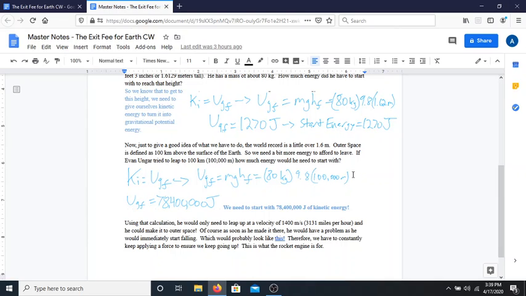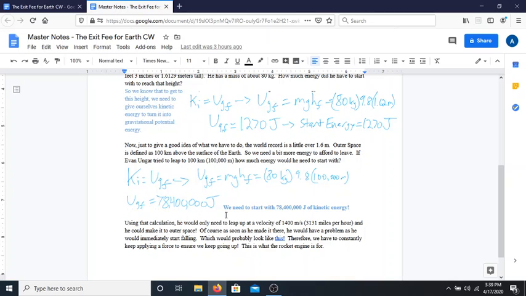Height is definitely different. It's not 1.62 meters anymore. It's 100,000 meters. And when you calculate that, we get that the gravitational potential energy that he would have when all was said and done was 78,400,000 joules, which would mean that he would need to start with 78,400,000 joules of energy, of kinetic energy specifically, in order to reach that height.